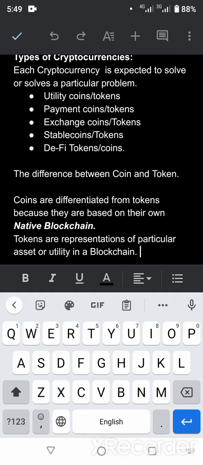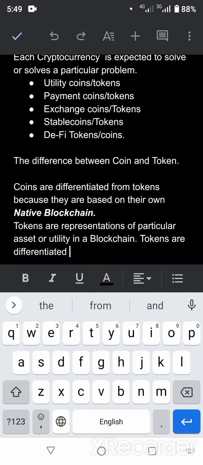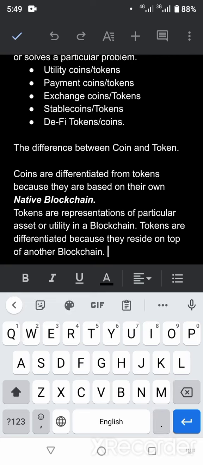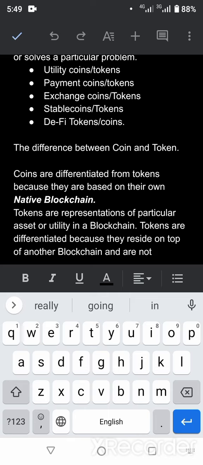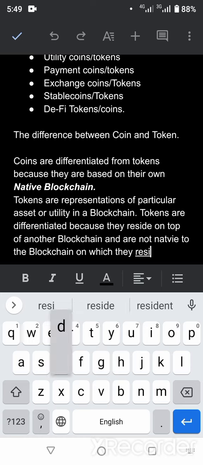Let me just write it down and I'll explain it. Tokens are differentiated because they reside on top of another blockchain and are not native to the blockchain on which they reside.